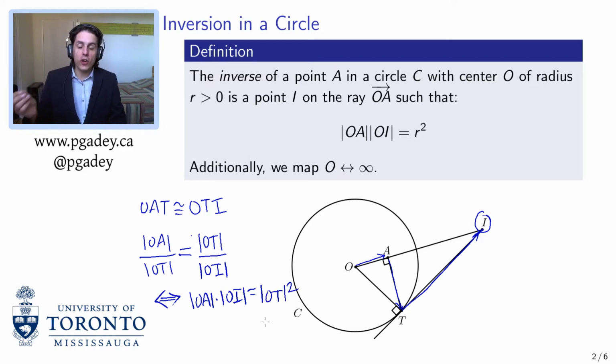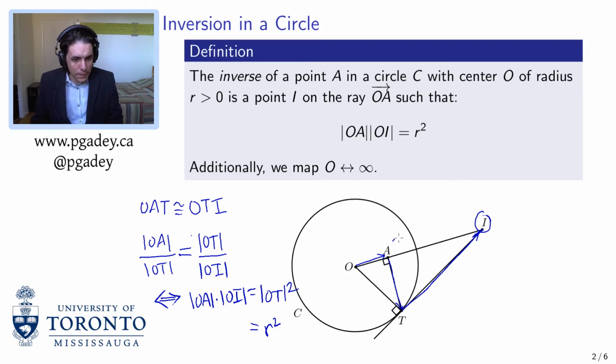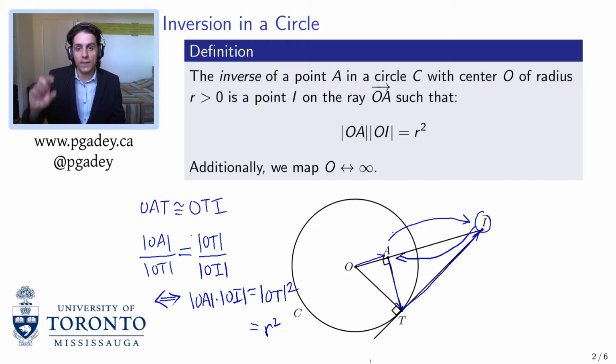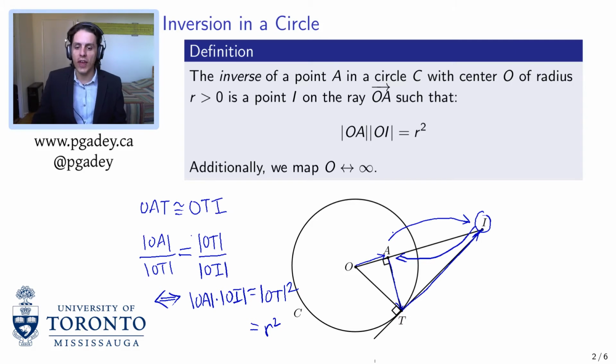Now we know that OT is a radius, so this winds up being r squared. Notice that this property is symmetric in A and I, right? We get that A maps to I, but also going the other way, I has to map to A. So these two switch, and that property is a lot like a reflection.